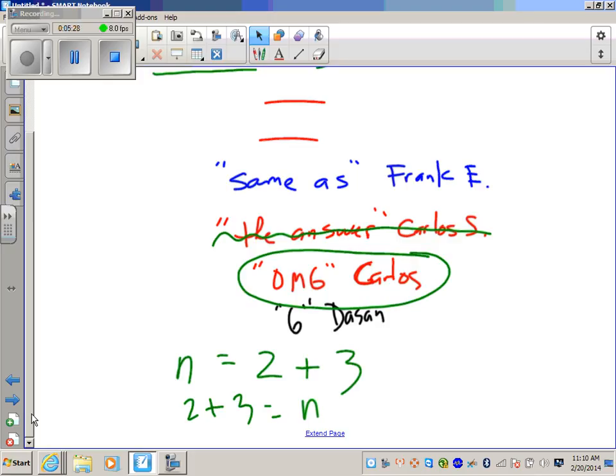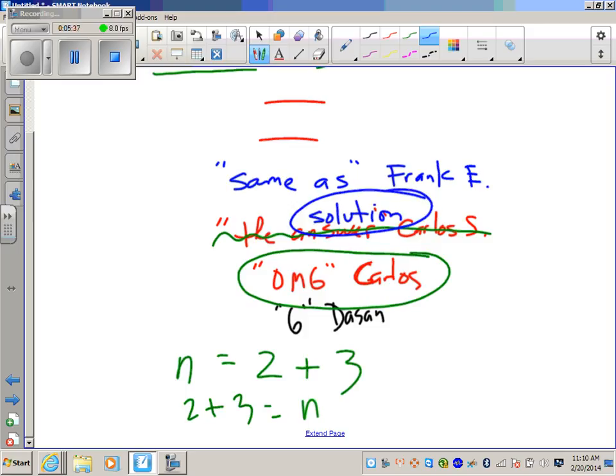Answer. Let's go away from this term, the answer. And let's move closer to the term solution. Doesn't mean if you have a solution or if you solve something. Yeah. To take the what? If you solve a problem, what did you do?